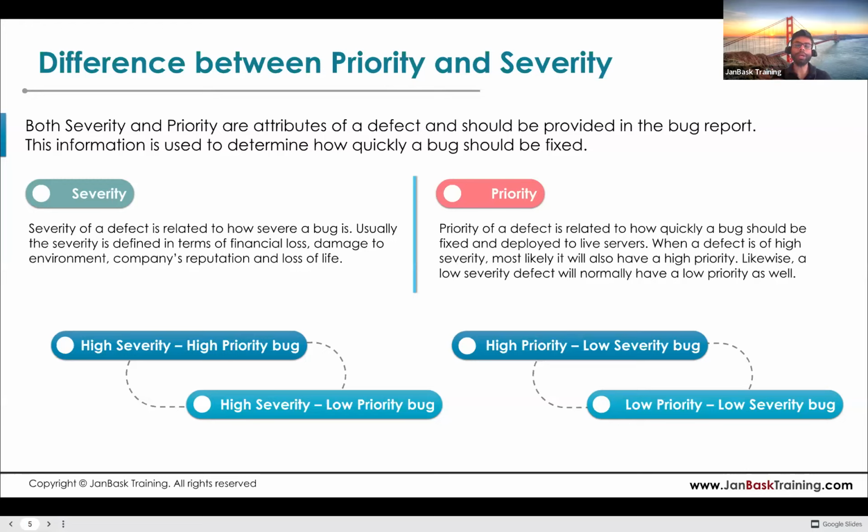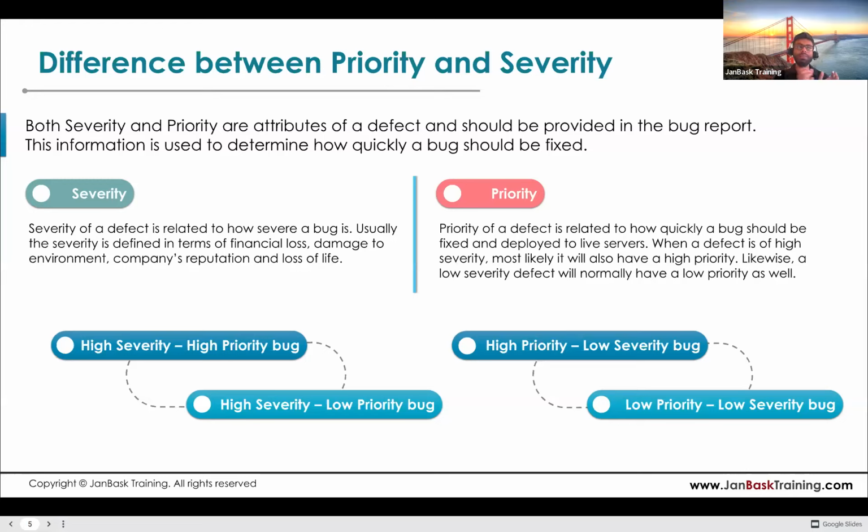That is denoted by priority. So if you are finding a bug and the developer has to fix that bug right away, right now, that is a high priority bug. If the developer can delay the fixation of that bug, that is a low priority bug.